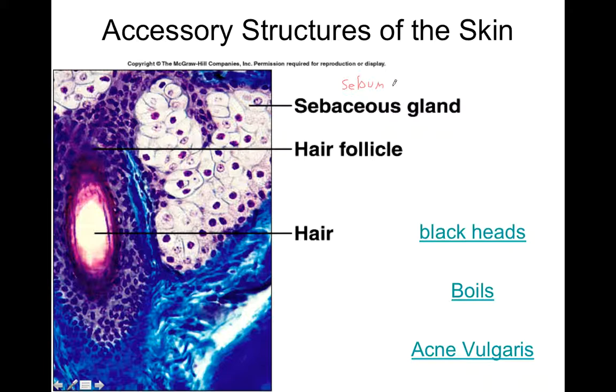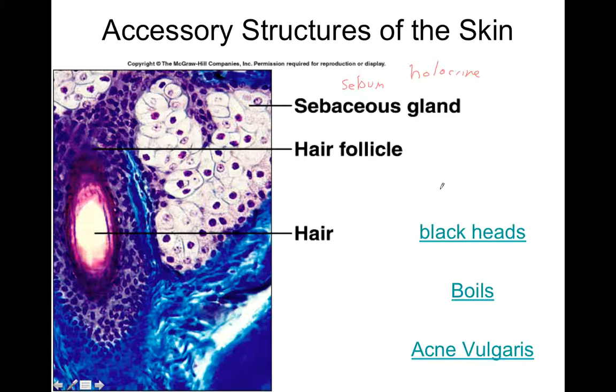Usually we find the sebaceous glands associated with hair follicles. They are holocrine glands. So look back at your notes from the tissue unit. And we have sebaceous glands everywhere except for our palms and the soles of our feet.